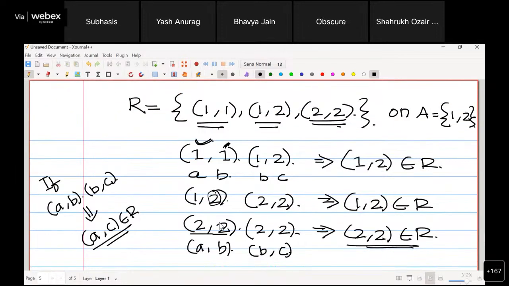Just a small clarification in this example, 1 comma 1, 1 comma 2 and 2 comma 2, this one is reflexive and an identity relation, right? No, no. This is reflexive, but this is not identity. 1 comma 2 doesn't come under identity. Okay, thank you.